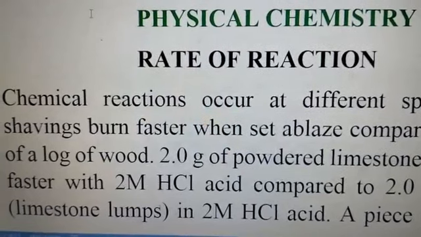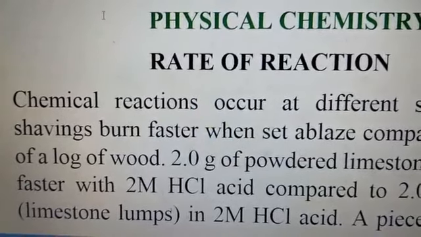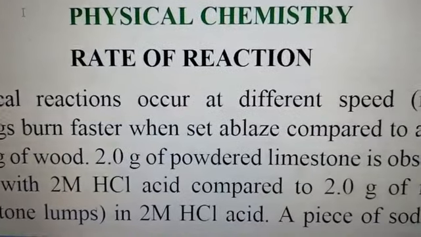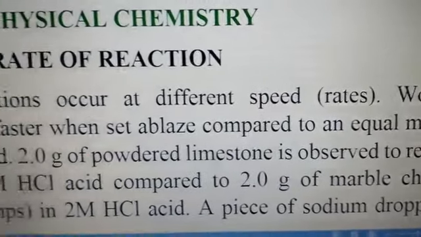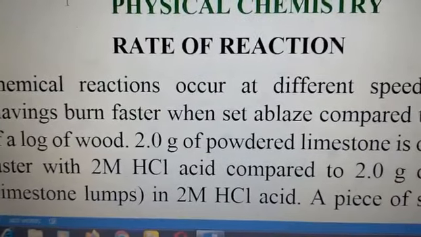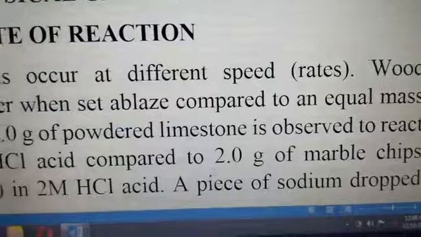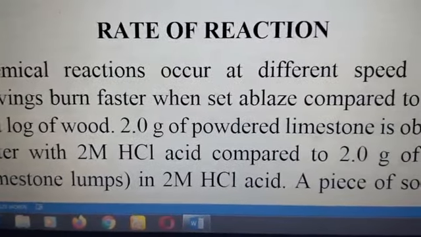So when wood is in powder form, as I said, it burns faster compared to a log of wood. 2.0 grams of powder limestone is observed to react faster with 2 molar HCl acid compared to 2.0 grams of marble chips, meaning limestone lumps, in 2 molar HCl acid.